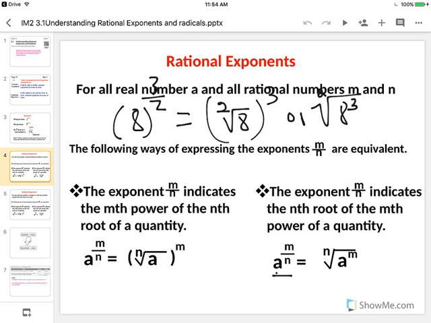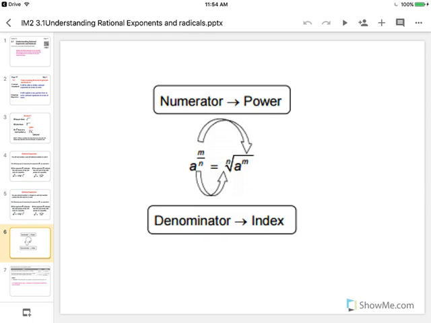We want you to understand that the denominator will become your index and your numerator will become your power. Similarly here, the denominator will be your index and your numerator will be your power. And this is the same, so this we can write as the nth root of a, in parentheses, raised to the m power.